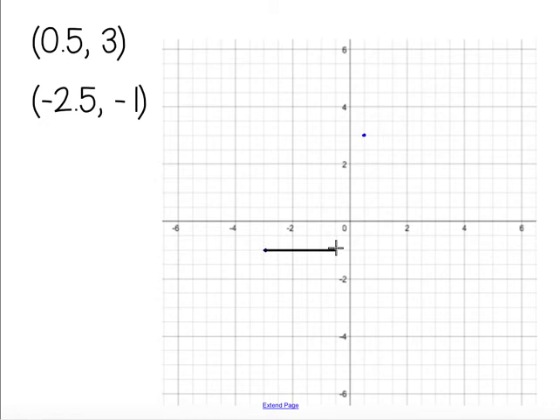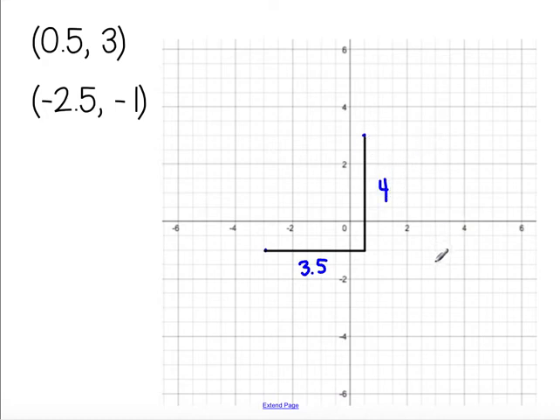And I'm going to make my slope triangle, and there we go. So I'm going from negative 3 to 0.5, so I'm going 3.5 in the x direction, and I'm going from negative 1 to 3, so up 4.